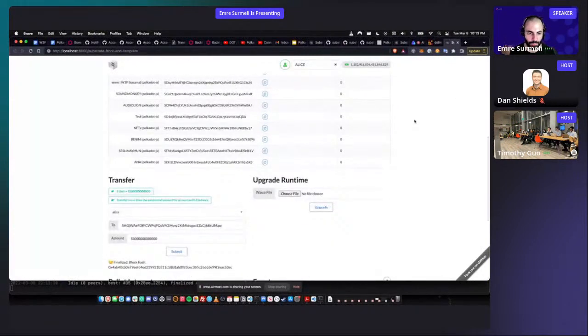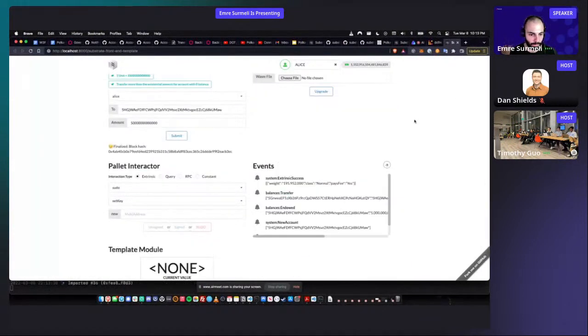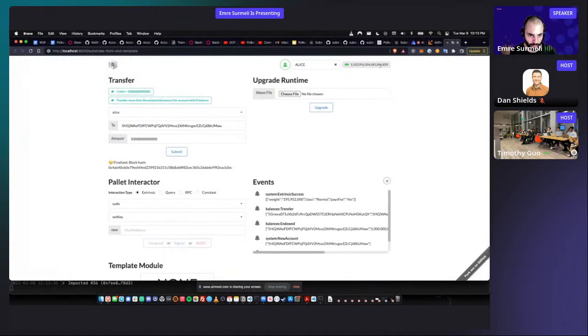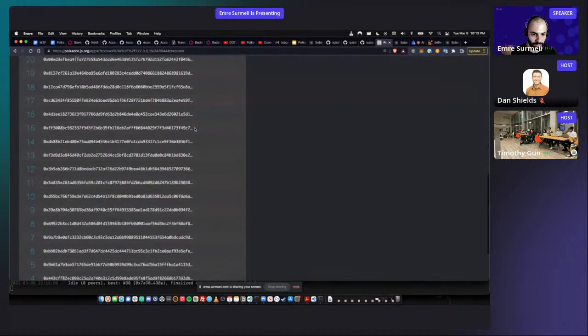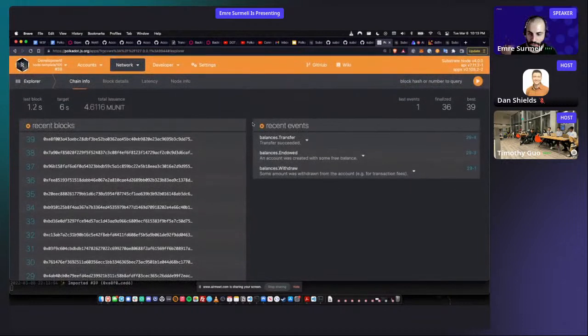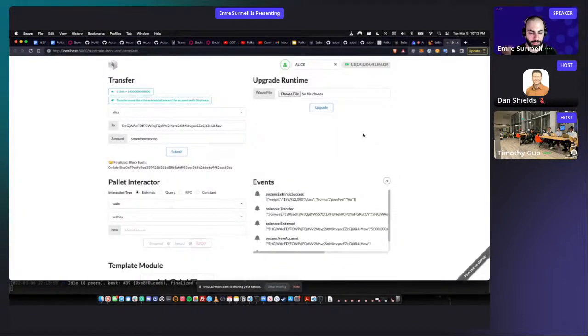Okay, so that works. What else we have out of the box is this cool UI. This is the Polkadot JS UI. And what we're looking at right now is actually a UI that is connected to the node that we're running. So this front-end template is cool out of the box.